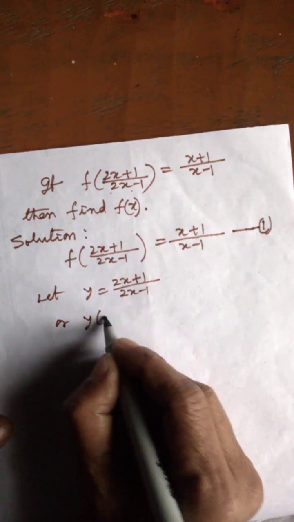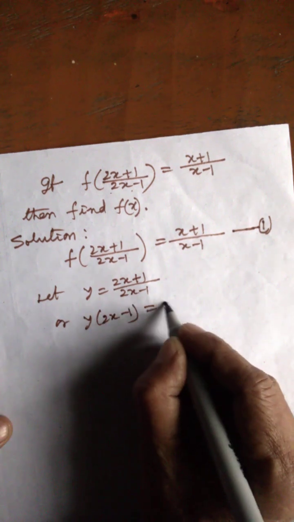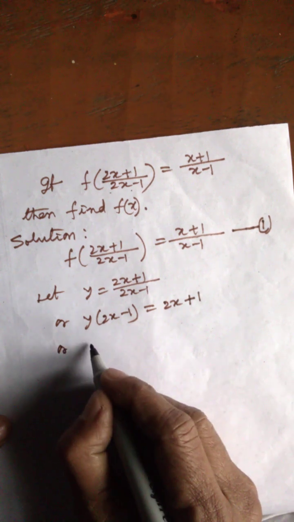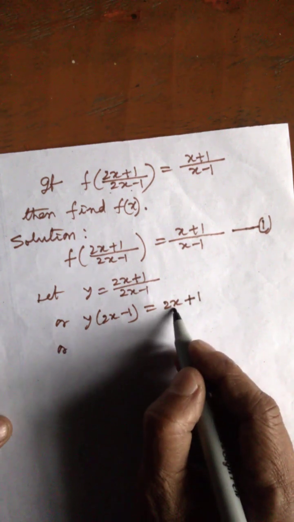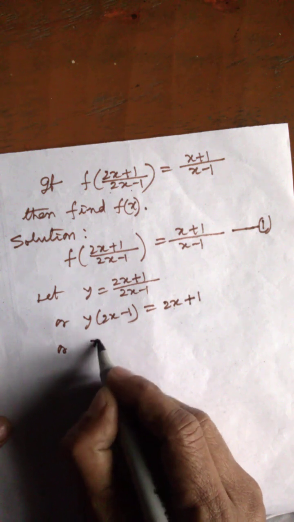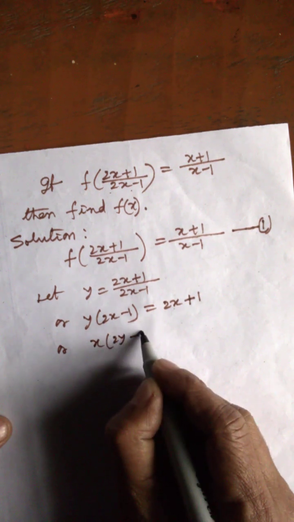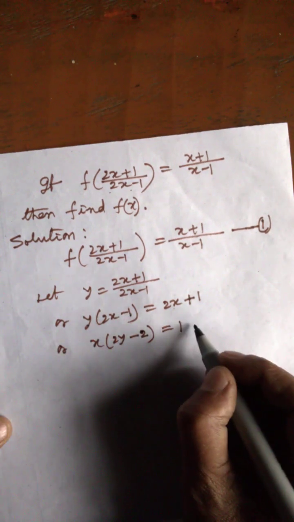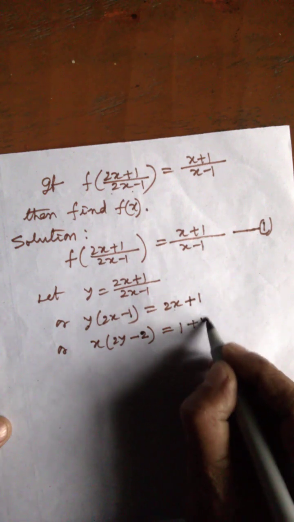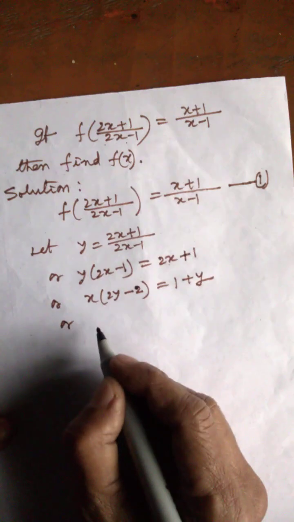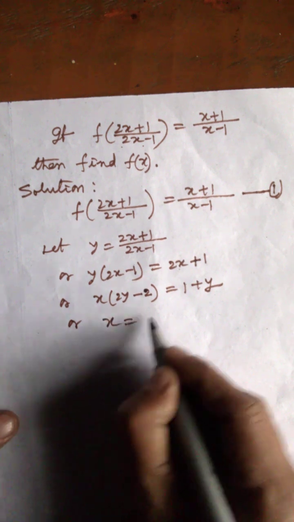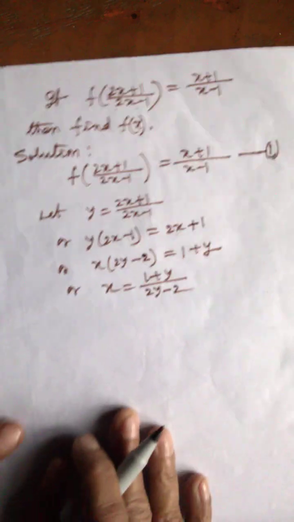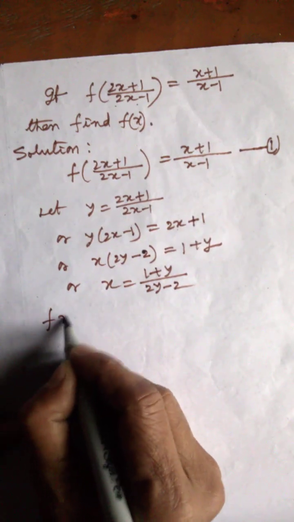So y(2x-1) = 2x+1, or transpose 2x to the left and take out common x: x(2y-2) = 1 + y, so x = (1+y)/(2y-2).